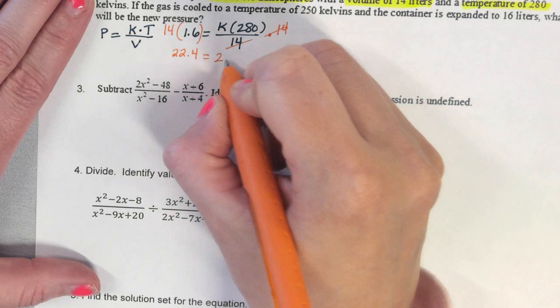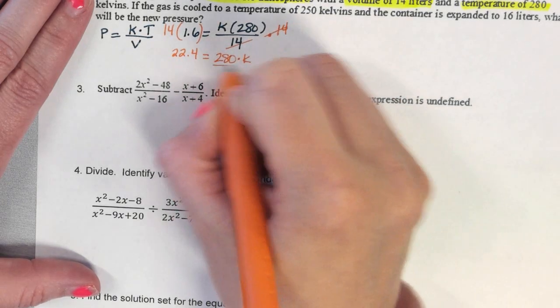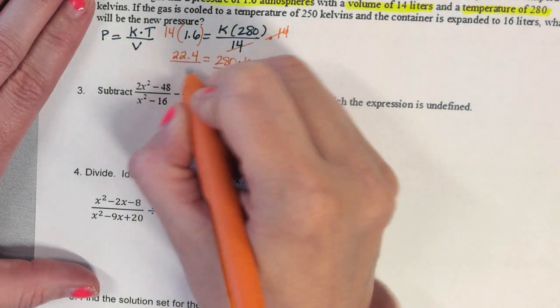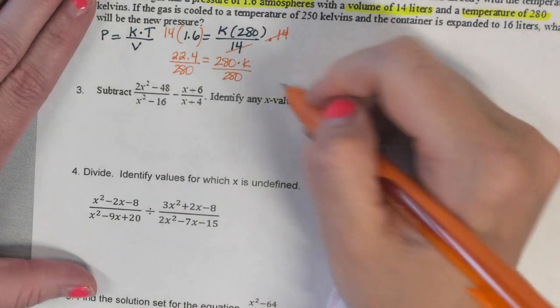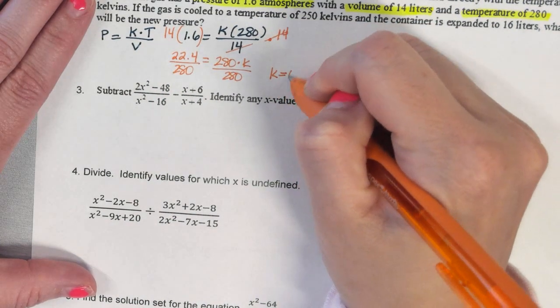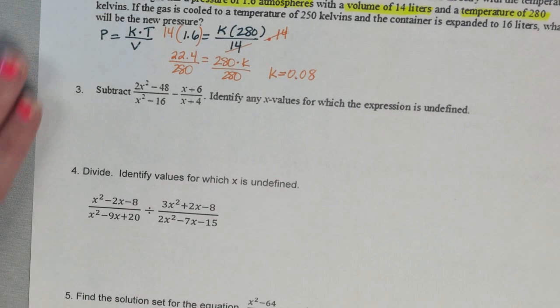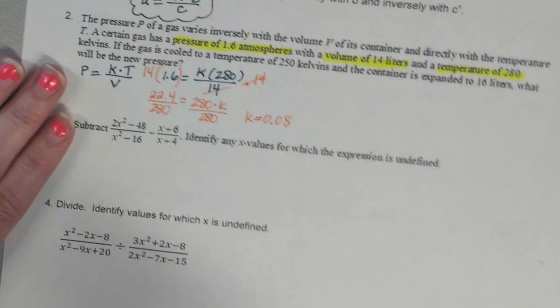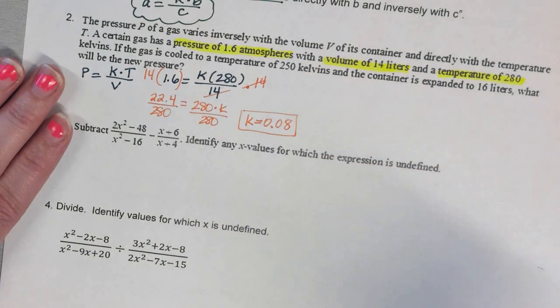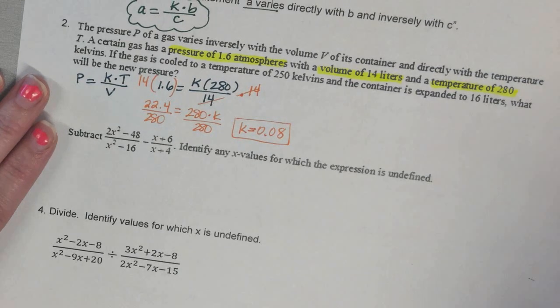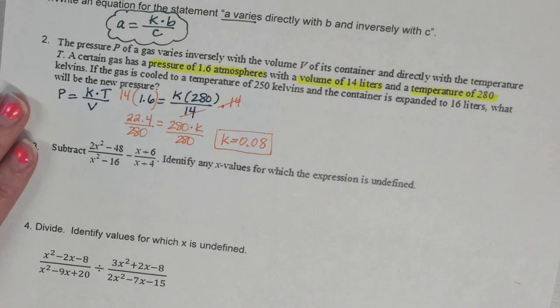Then you have 280 times K, so you're just going to divide both sides by 280. So you should get your K value is 0.08. That's what you're going to use in your equation to solve for the other set of conditions that are given.